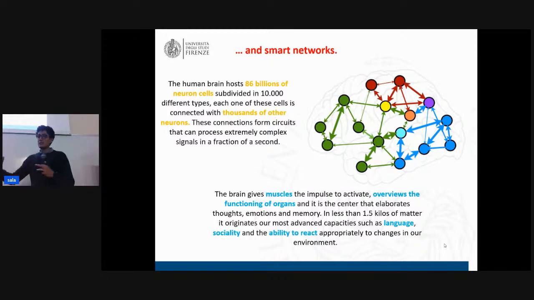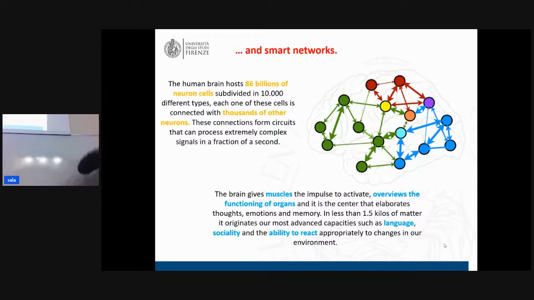And this mechanism of electrical pulses that get integrated and thresholded, so if they go above a certain threshold, the neuron activates; if they do not go above the threshold, the neuron does not activate. Somehow they give rise to these complex dynamics.